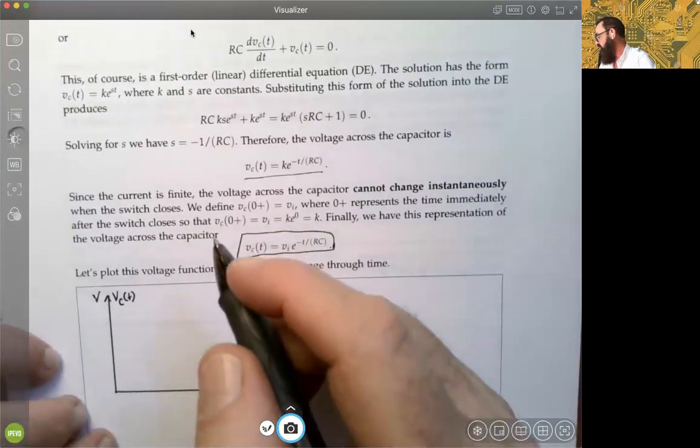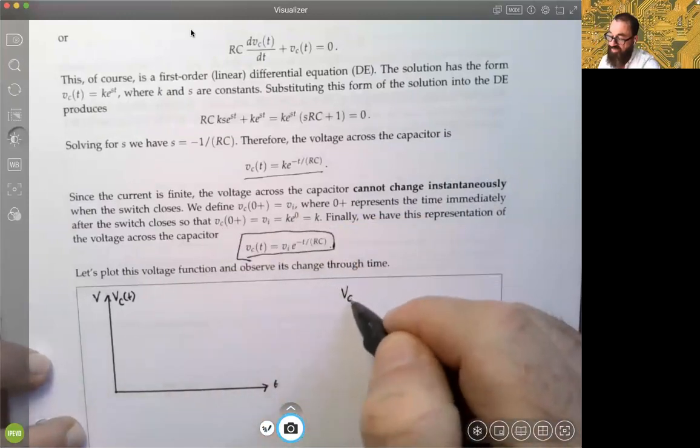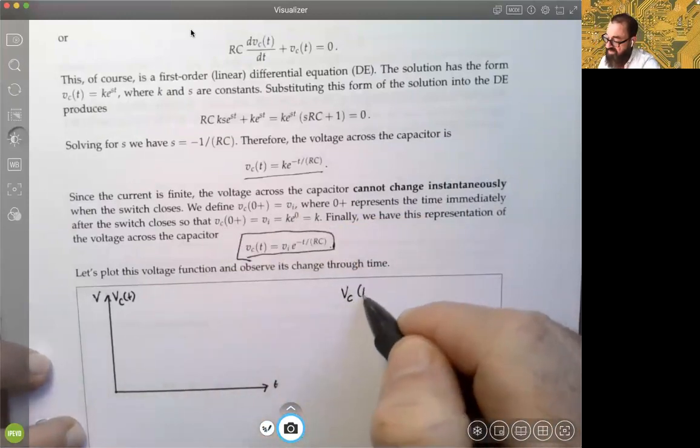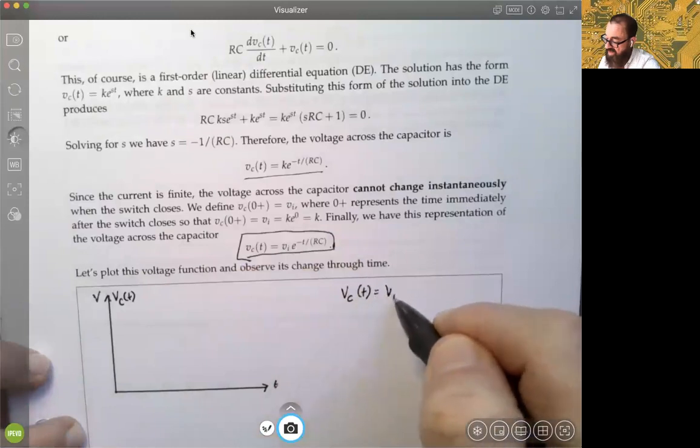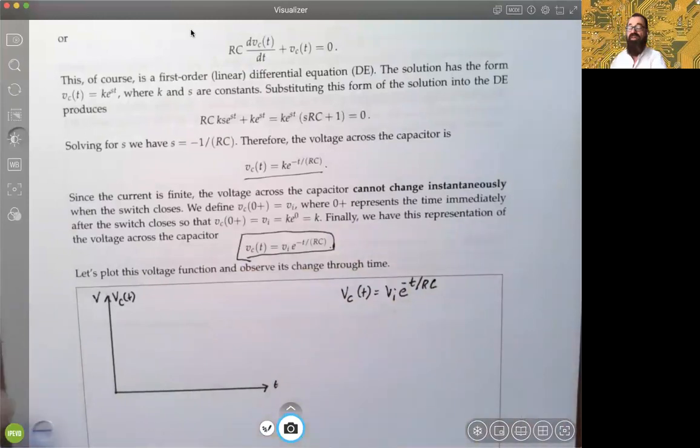A couple of interesting things to note. Again, our function is of this form: V_C of t is V_I times e to the minus t over RC. A couple of interesting things are specific values, where we can immediately get a fraction of the initial voltage.